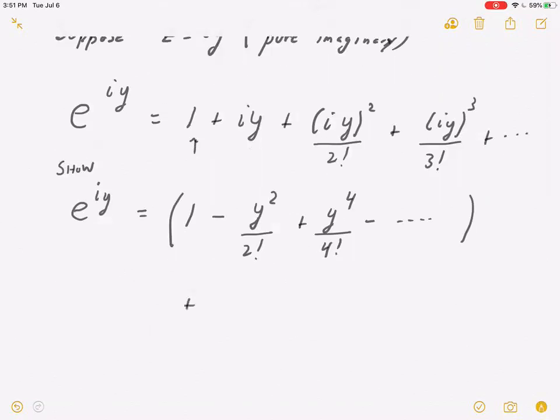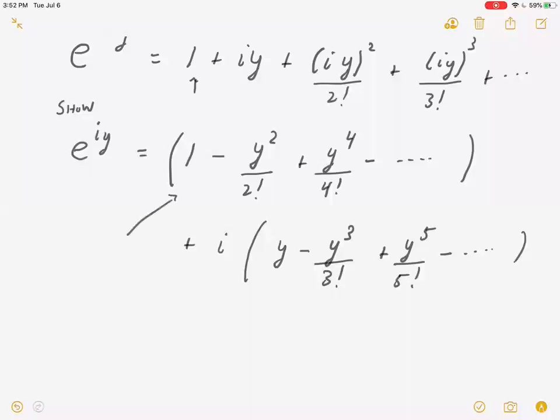The imaginary part is going to have an i pulled out, and you'll have a y minus y to the third divided by 3 factorial. Again, the signs alternate, plus y to the fifth divided by 5 factorial, and that keeps going on.